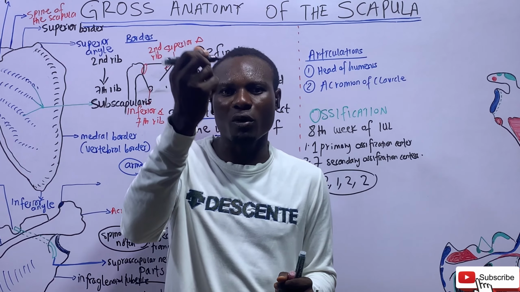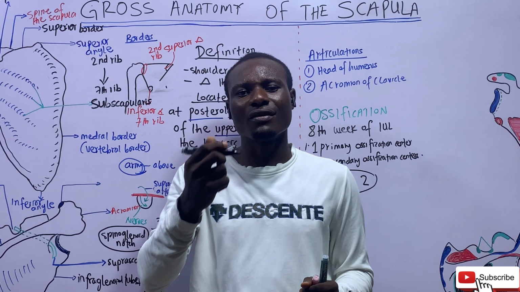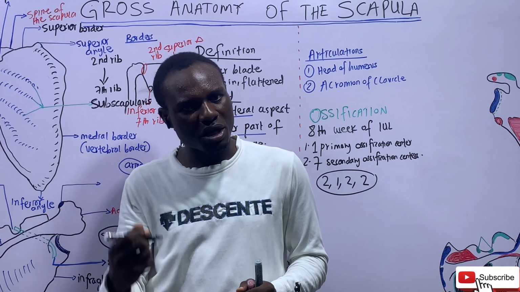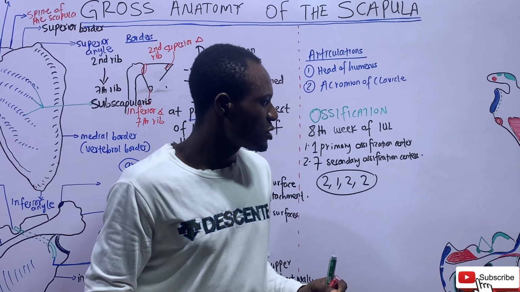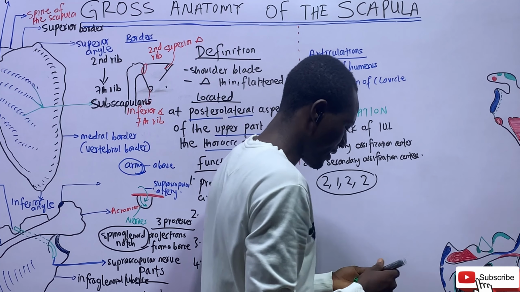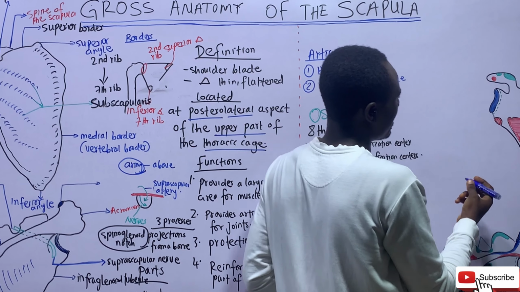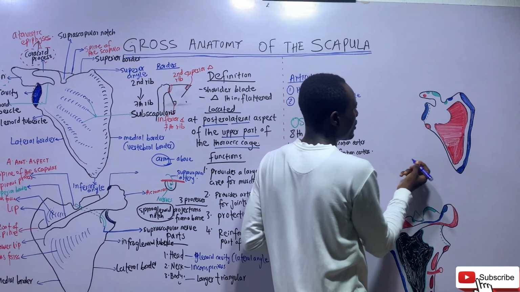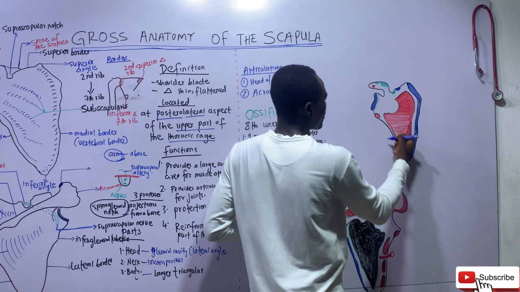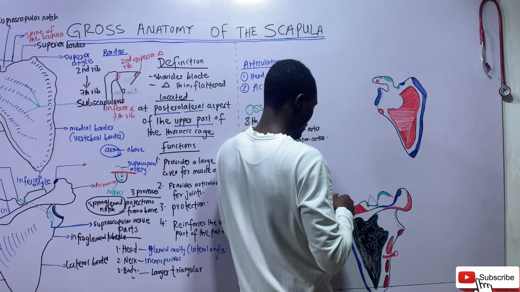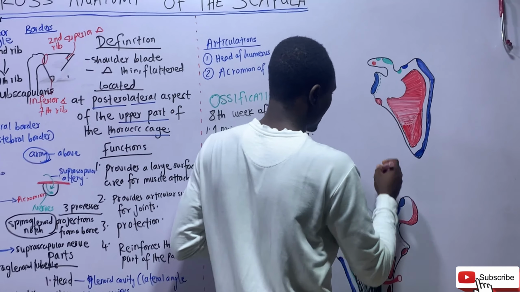Alright. Then look at the borders. Both surfaces are going to have medial and lateral borders, and muscles are attaching there. So let's look at this diagram. Alright. So we've been able to discuss the various surfaces and borders. Let's look at the muscle attachments. So we know that this is the costal surface of the scapula. So this surface is the costal surface.